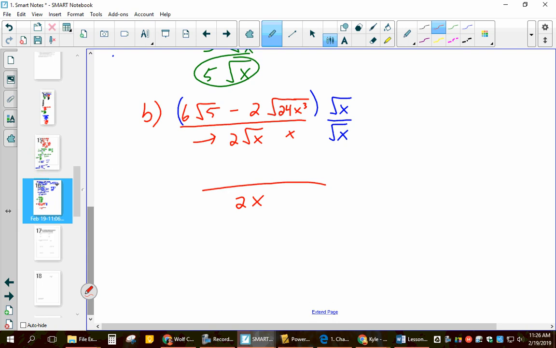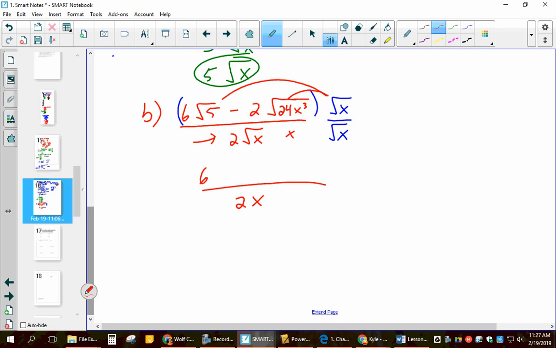The top here, even though the root x is on the right, is really just a monomial times a binomial. So I need to distribute. It's going to be that one times that one and that one times that one. Doesn't matter which order. So I'll go root x times 6 times root 5. That'd be 6 root 5 times root x.